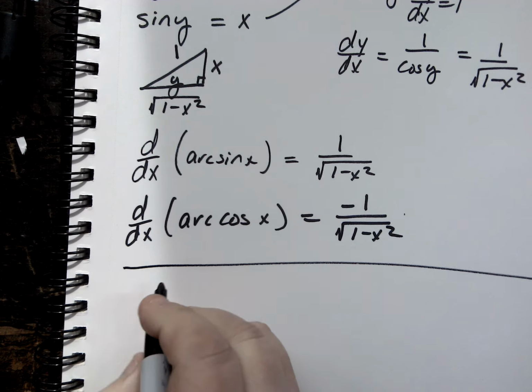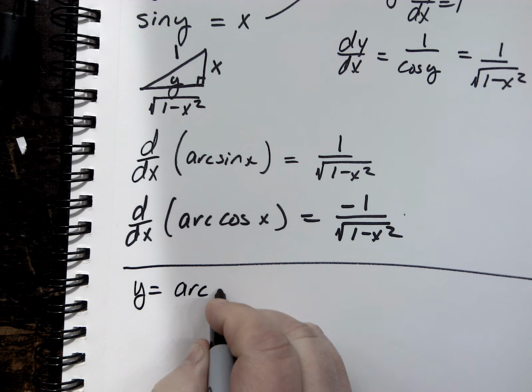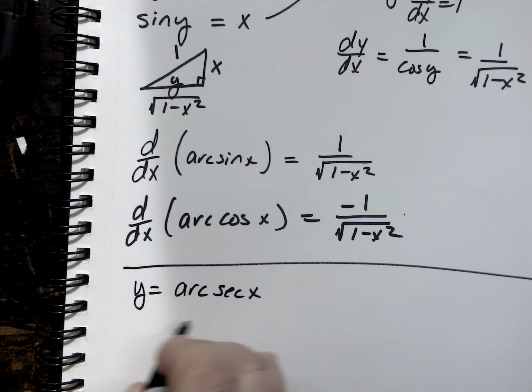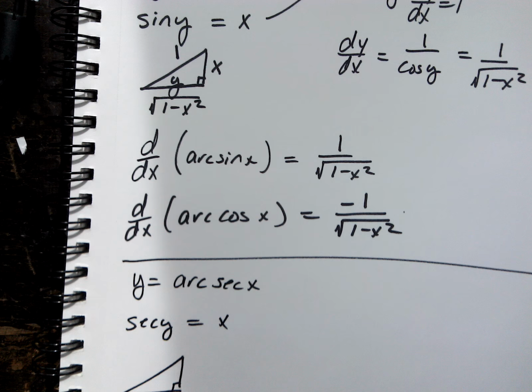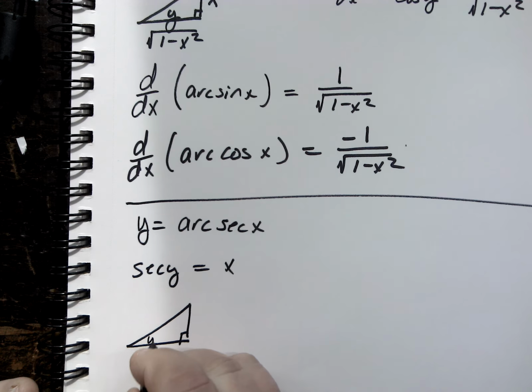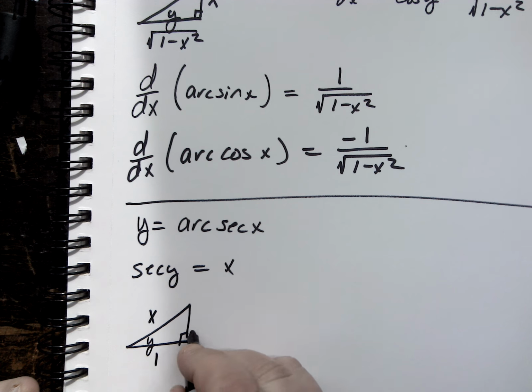Last one, or last two, y equals arcsecant, which means that secant of y is equal to x. Secant, which is 1 over cosine, means I have an x here and a 1 here, making the third side the square root of x squared minus 1 using the Pythagorean theorem.